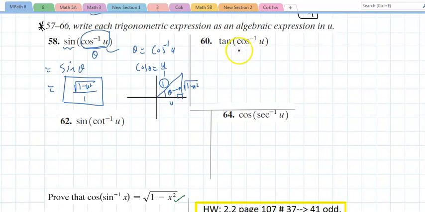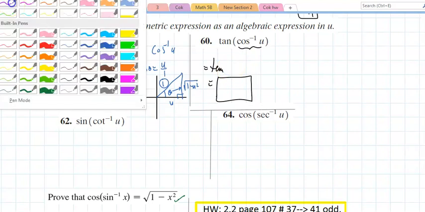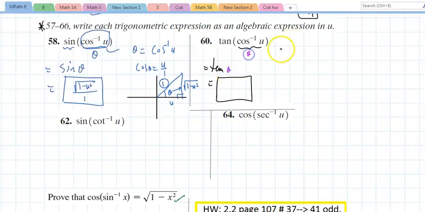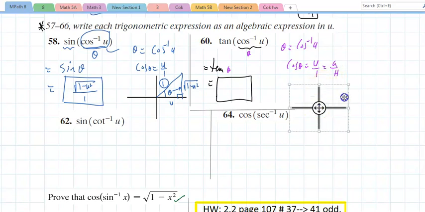Number 60, if you call this angle theta, you're really looking for the tangent of theta, which is the opposite over the adjacent. On the side, you let theta equal the inverse cosine of u, so the cosine of theta equals u over 1, which is the adjacent over the hypotenuse again. You are still doing the same thing.